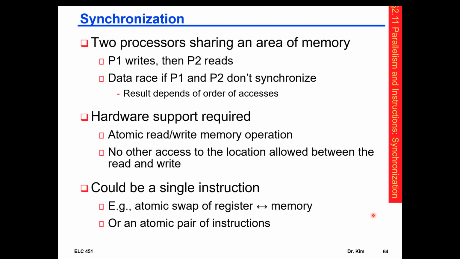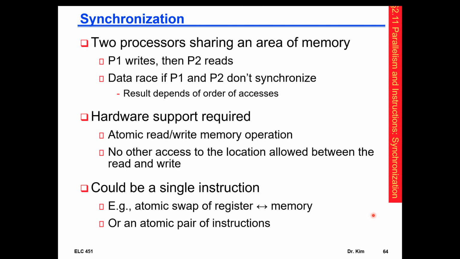And this requires some hardware support and also some ISA support in the types of instructions that are part of the instruction set. So one way to do that is to offer what we call atomic read-write memory operations. That terminology, atomic, means that it's indivisible. There is nothing that can happen in the system while that instruction is being executed.